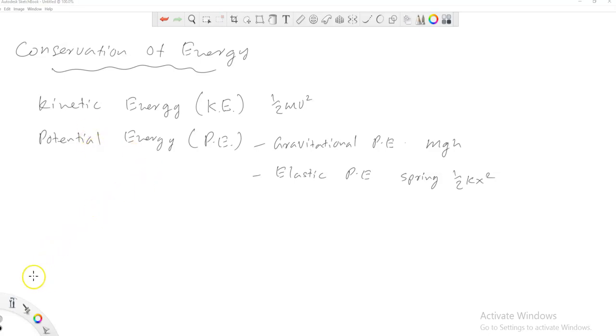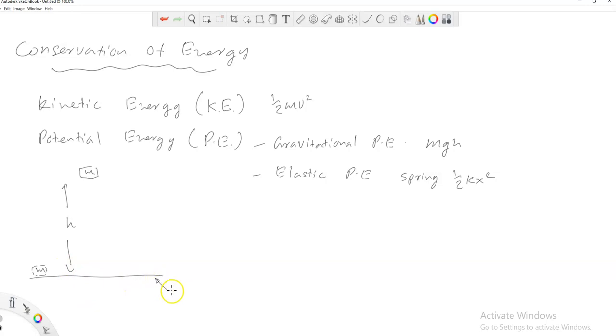So here's the ground level, and the mass was over here, some m kilograms, and then you lift it up here. So mass is now here. So we raised it to a height of h meters. So it's h meters above.